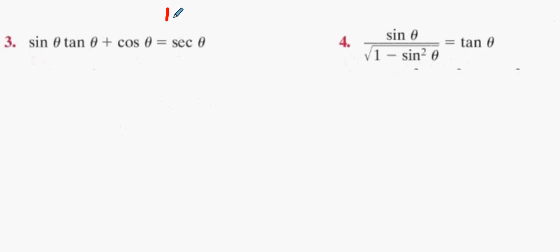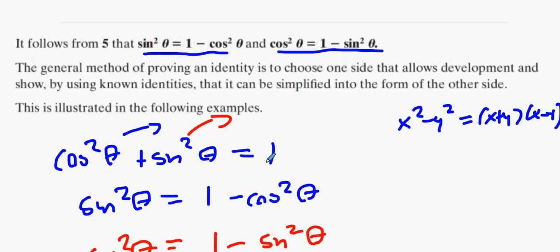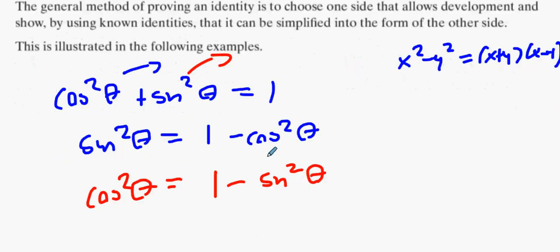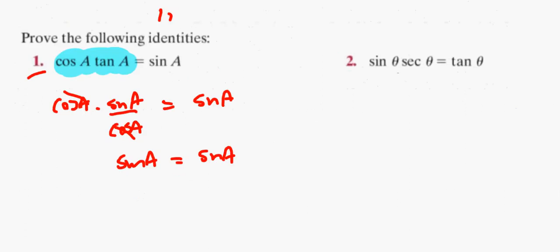Now, in this one here, I believe that question 4 is the more difficult expression. 1 followed by 4. Now, see the 1 minus sine squared theta? It looks a lot like what we were doing earlier with the cos squared theta. So I'm just going to change that outright.